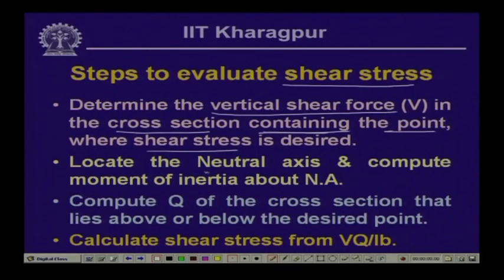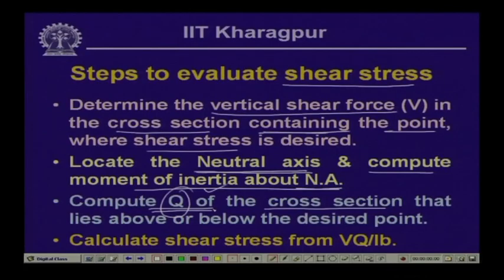Secondly, in the cross section we will have to locate the neutral axis, and we will have to compute the moment of inertia about this neutral axis. Then, as we have seen, we will have to compute the value of q, which is the first moment of the area of the section above or below the point where we are trying to find the shear stress.